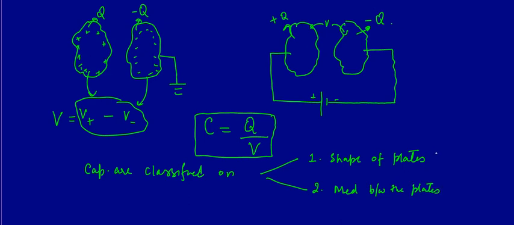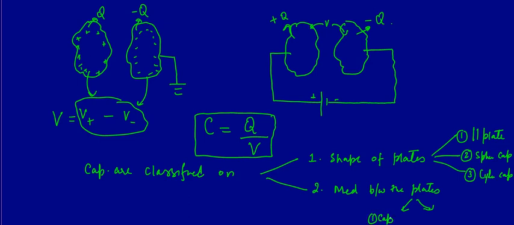Based upon shape, we have three types of capacitors that we will do. First is the parallel plate capacitor, the second is the spherical capacitor, and the third is the cylindrical capacitor. And based on the medium, we'll have capacitors with dielectrics and capacitors without dielectrics.